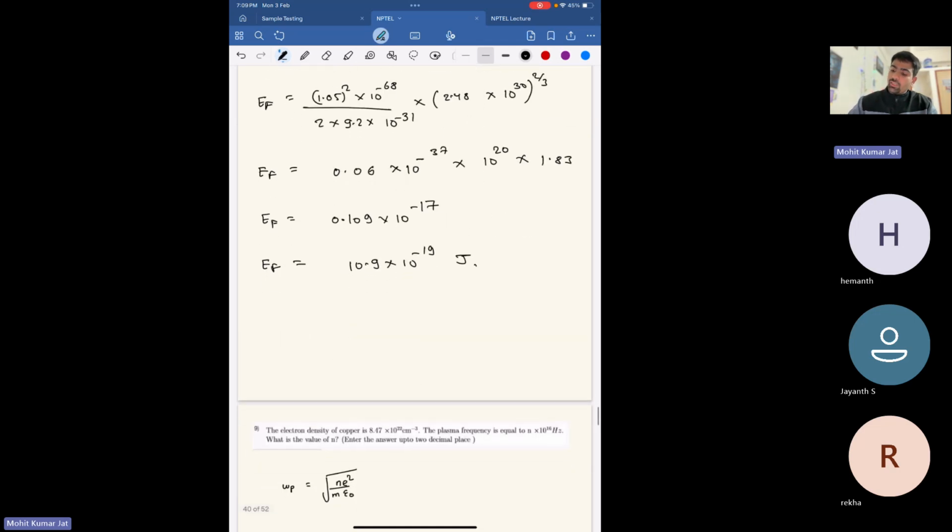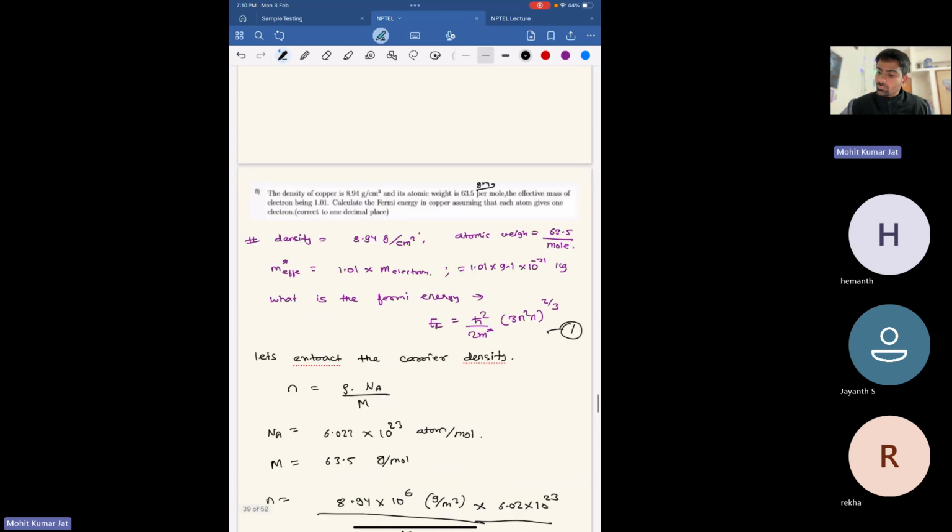And of course I can convert it into electron volt. I'll have to divide it by 1.6. So 10.9 I divide by 1.6, that gives 6.81 eV.